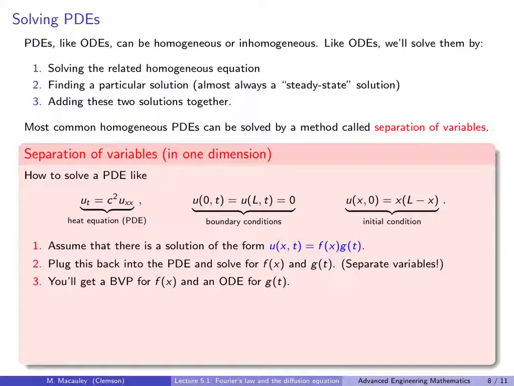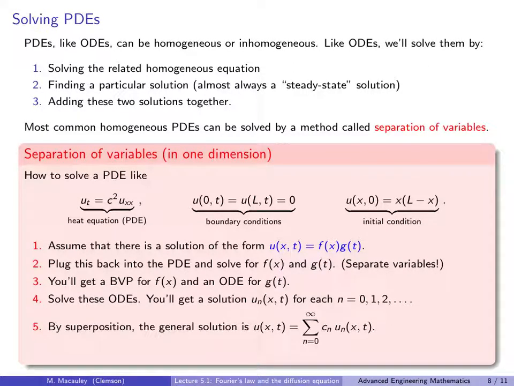What we'll get is a boundary value problem for f of x and an ODE for g of t. These are things we can solve, and what we'll get is a solution u_n of x and t for each integer n. So for each n, we'll get a particular f of x and g of t.